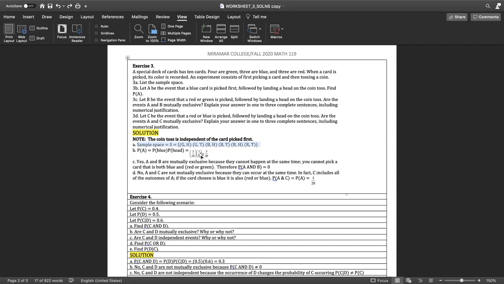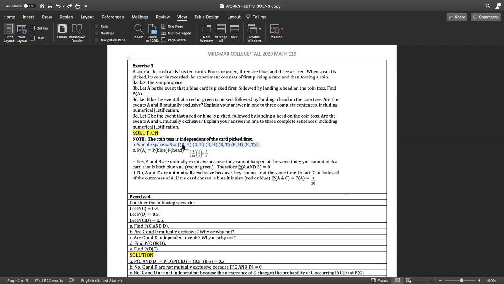Well, let's do this. Let me denote the sample space in the following way. Since there are two joint events going on here, I'll denote the first element in this ordered pair in our sample space as G if the card is green, okay? We've got green, blue, and red in our special deck.